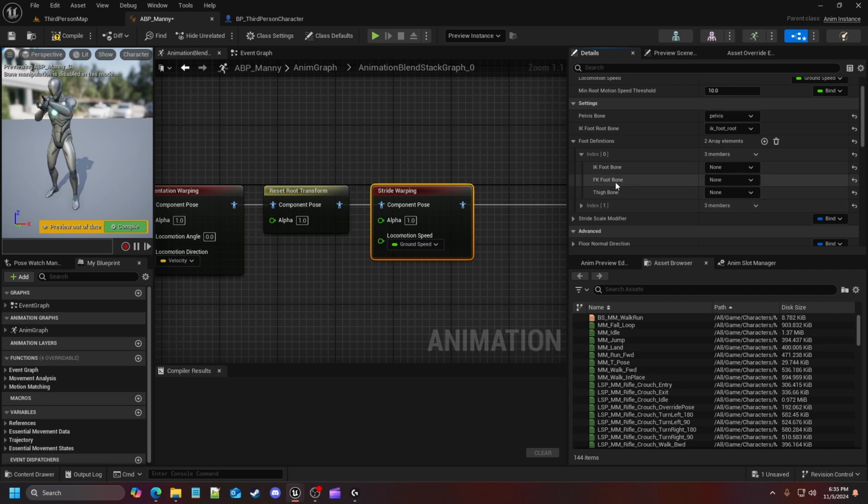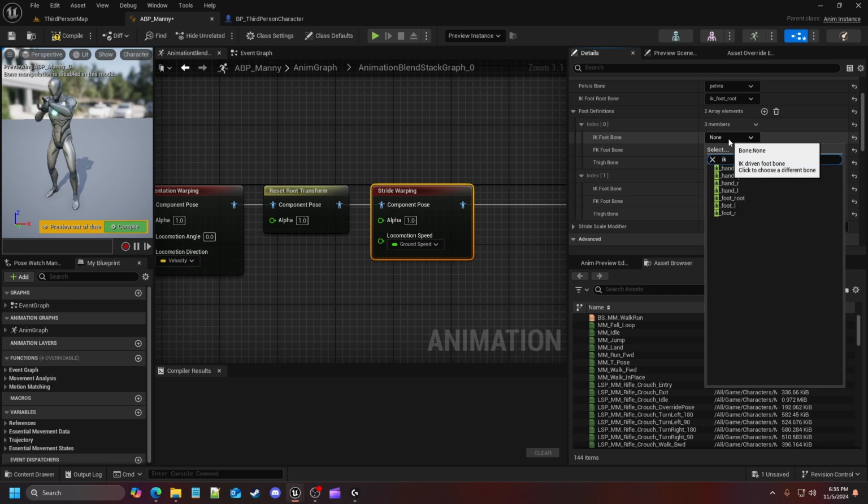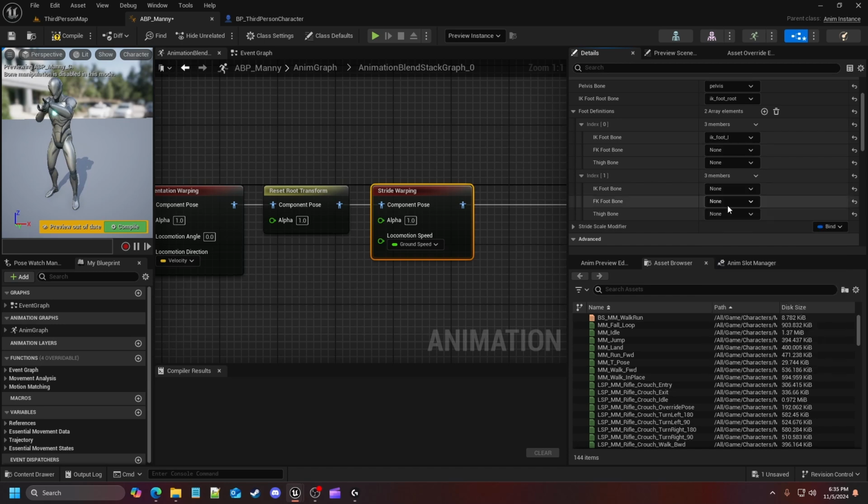And you'll notice how we have to get our IK foot bone, and then our forward kinematics foot bone, and then our thigh bone in here, which I'll explain once we set them, right? So for our IK foot bone, or at least our index 0, we're going to look for our IK and get our IK foot L to start off with our left foot first.